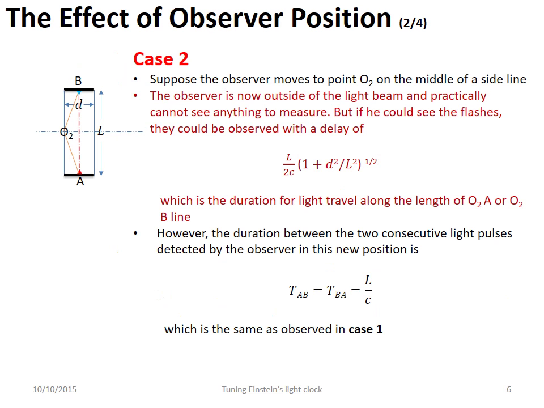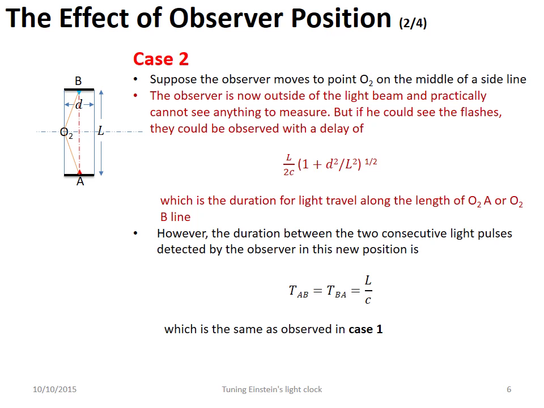Case 2. Suppose the observer moves to point O2 on the middle of a side line. The observer is now outside of the light beam and practically cannot see anything to measure.